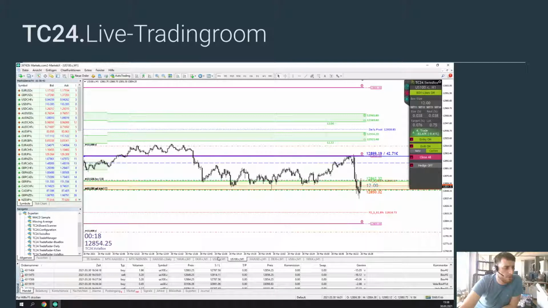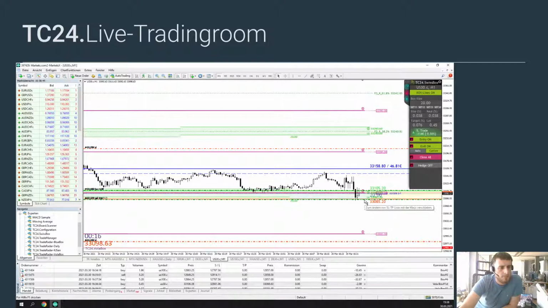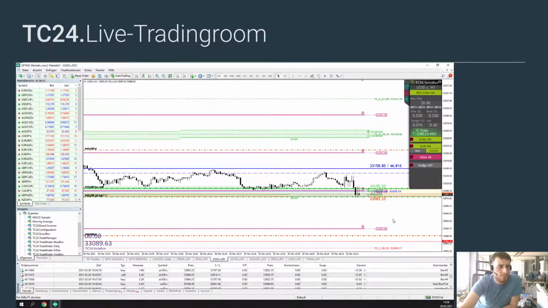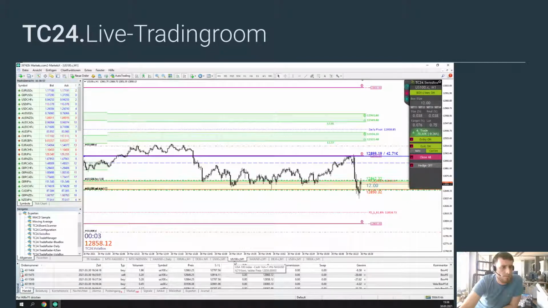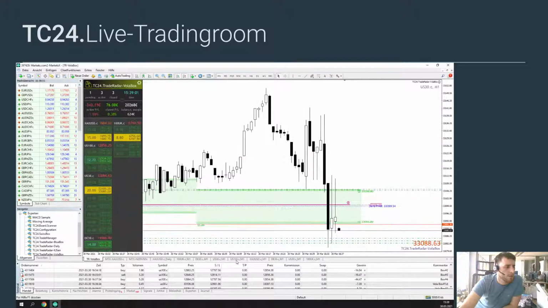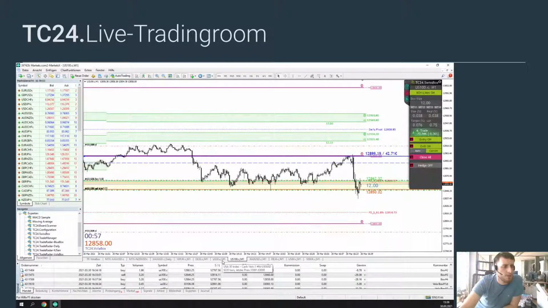Possibly coming in for the fifth trade there. So we've got 3 active trades currently in on the market.